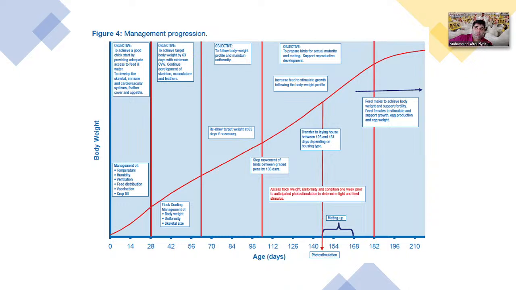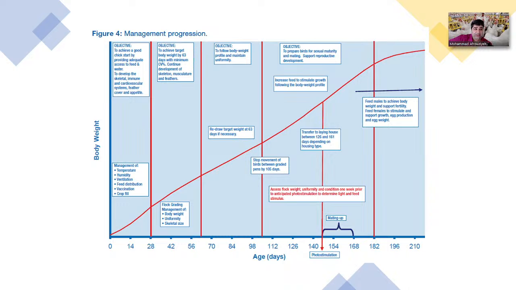So we need to know the age, and if they are producing fewer eggs compared to their standard egg production curve, we need to be suspicious about their body reserves.